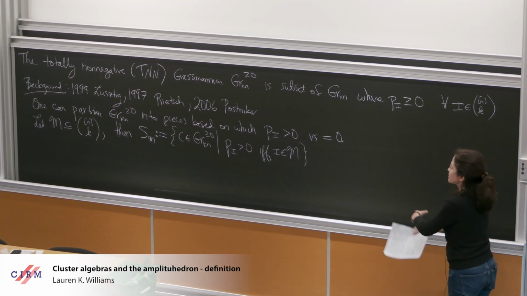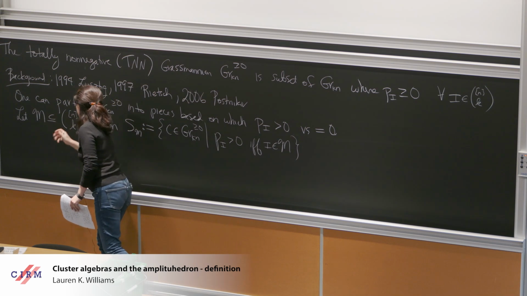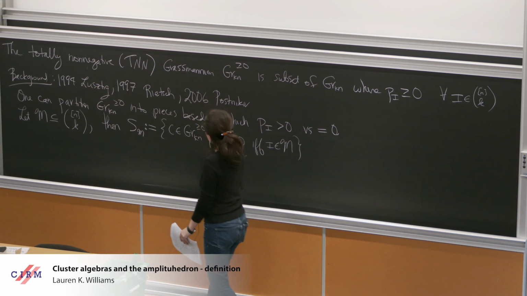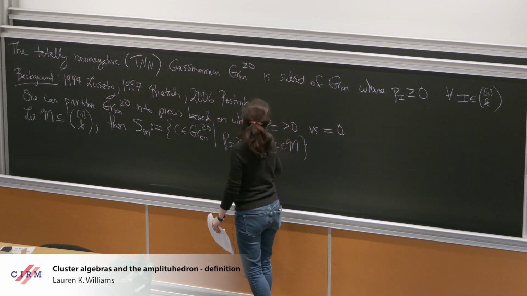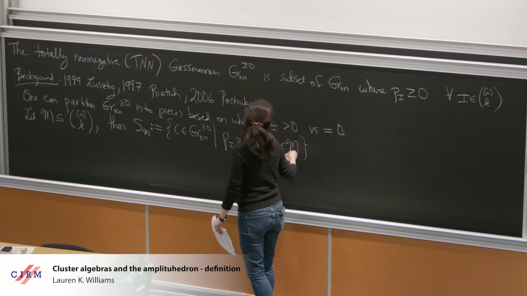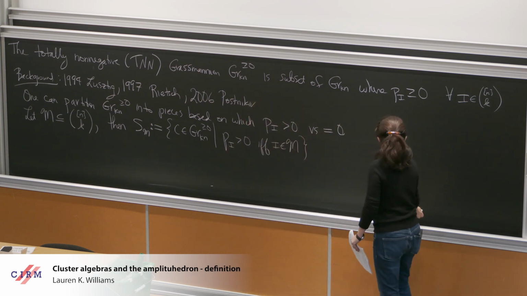Okay, so you give me your favorite collection of Plücker coordinates, and then we will define the subset of the TNN Grassmannian where my Plücker coordinates are strictly positive if and only if they belong to the collection, and otherwise the Plücker coordinates must be 0.